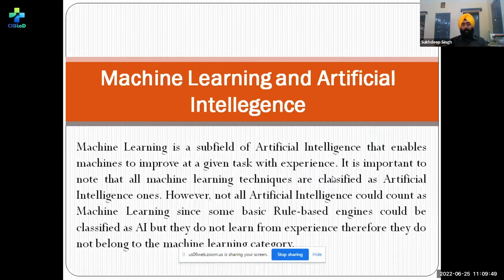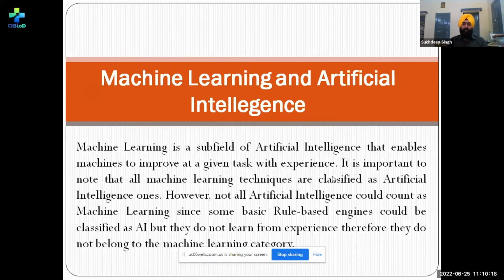Many times we get confused between machine learning and artificial intelligence, and sometimes these words are also used alternatively, but that is the wrong thing. Machine learning is a subdomain or a narrow term of artificial intelligence. So it is a subfield of artificial intelligence.